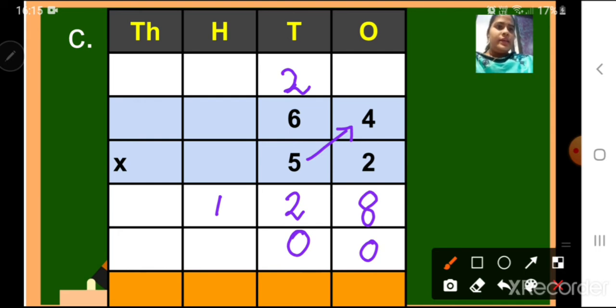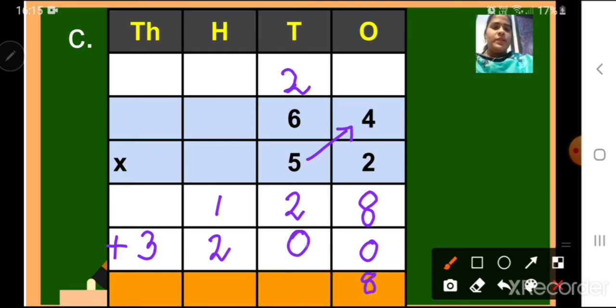After that we will multiply number 5 with number 6. 5 sixes is 30. 30 plus 2, which is the carry over. 30 plus 2 is 32. You can write number 32 directly, as there is no other number in the hundreds place. The last step is to add. 8 plus 0 is 8.